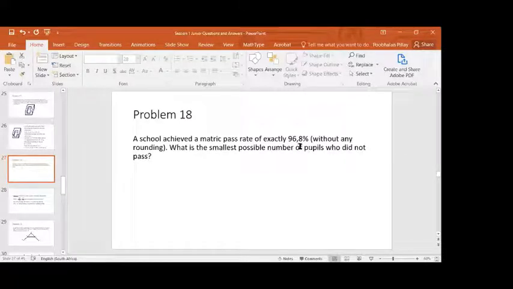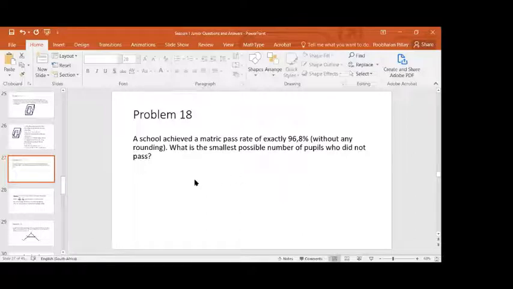Okay, so the pass rate was 96.8. So for the failure rate, you'll have to subtract this number from 100, you'll get 3.2, right? Those are the number of people who failed. But let's just work with the figures.